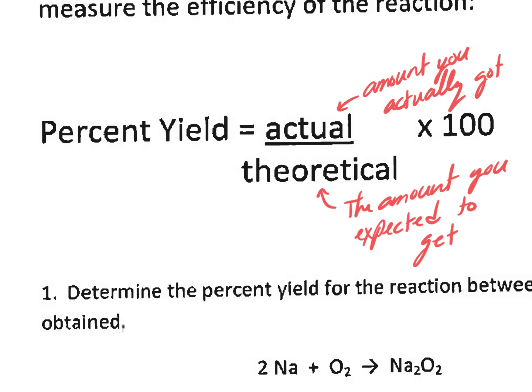So what happened during the experiment that you lost some of the expected amount that you thought you should have gotten? Anyway, we're going to run through a couple problems now, and we'll first do the stoichiometry, and then we're going to calculate the percent yield.